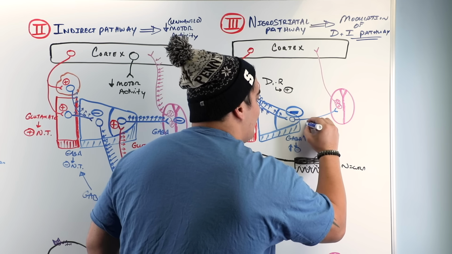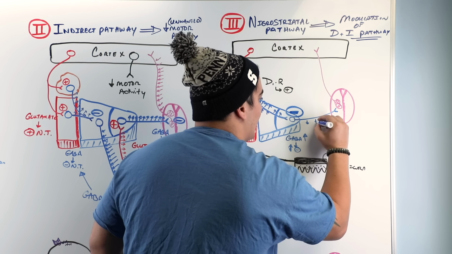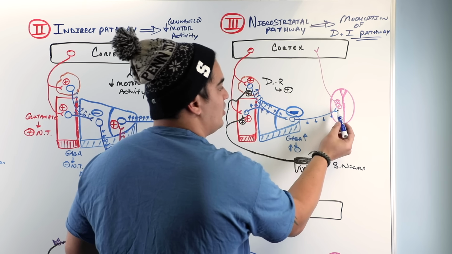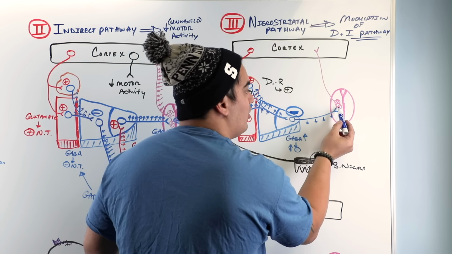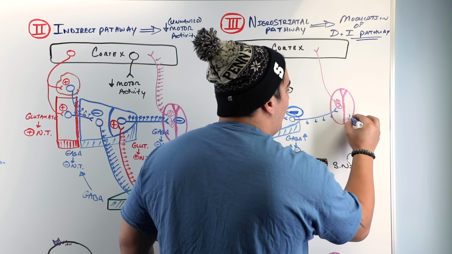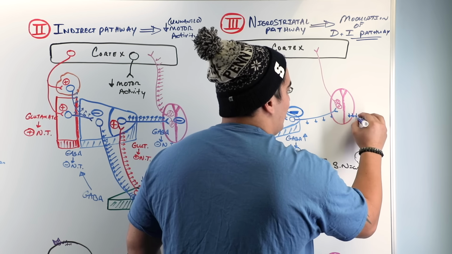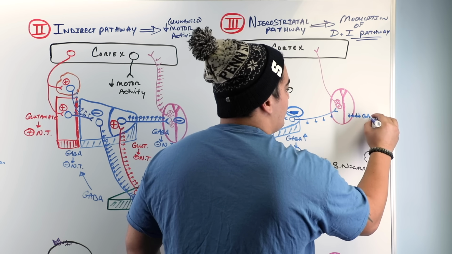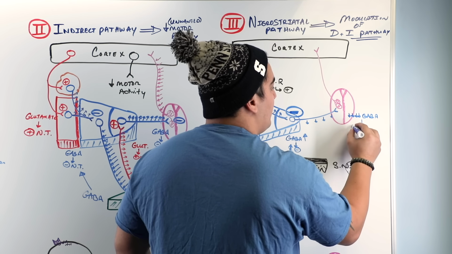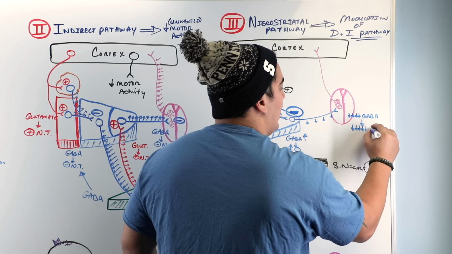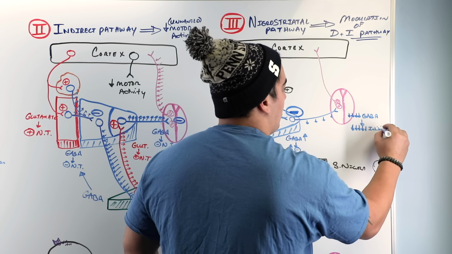That means it's going to send very few action potentials from the globus pallidus internus to the thalamic nuclei. If there's very little, here we're going to make a teensy little arrow, very little GABA, or here we'll do this, lots of down arrows. If there's very little GABA released, there is a significant decrease in inhibition, right?